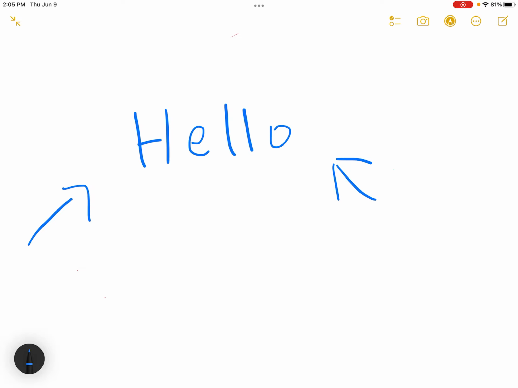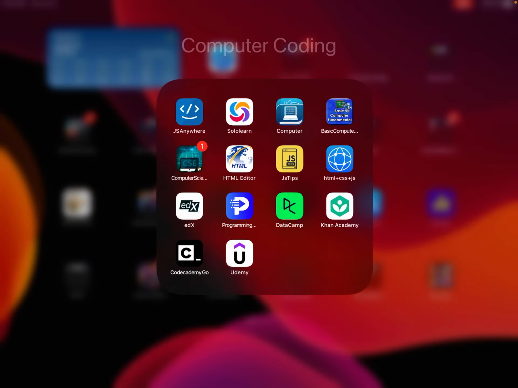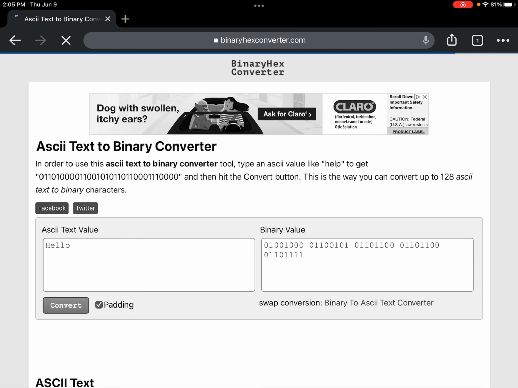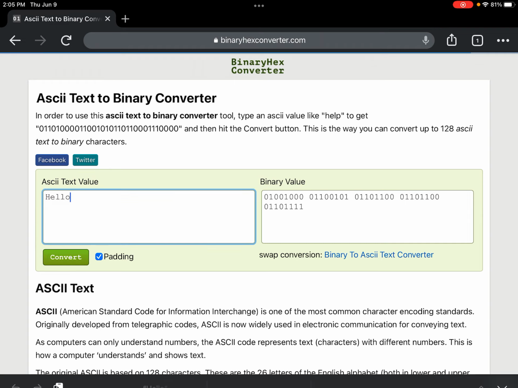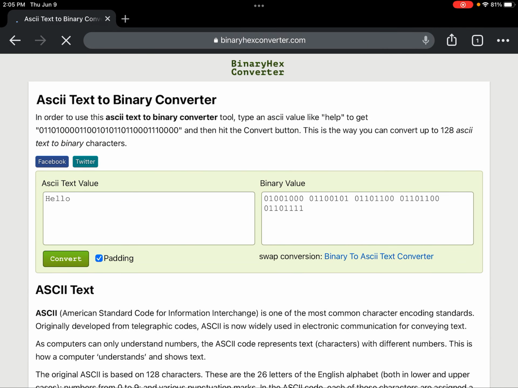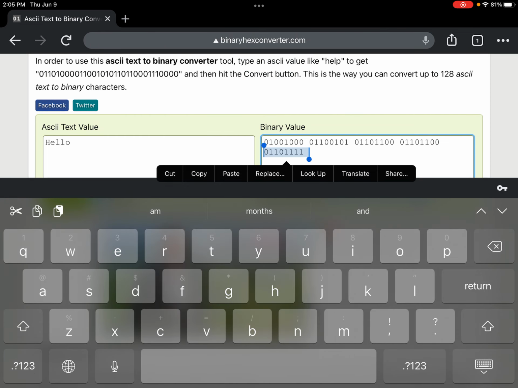So how does the computer see hello? Let me show you. The computer sees hello just like this. When you write hello in text, this is the binary.